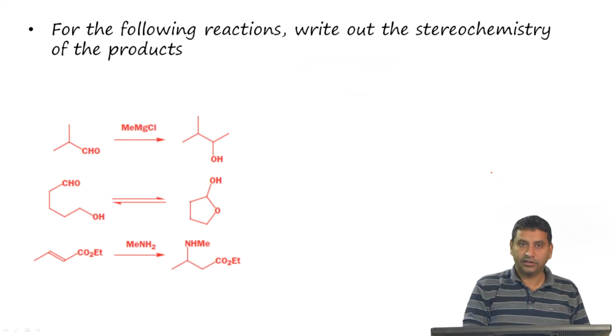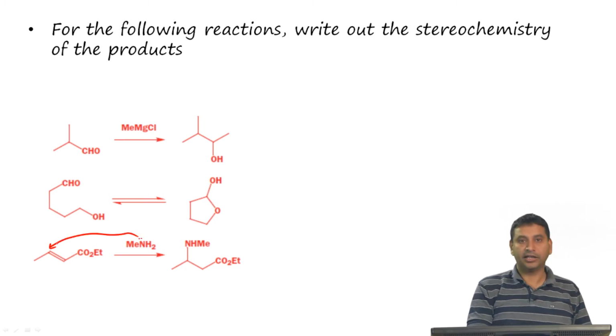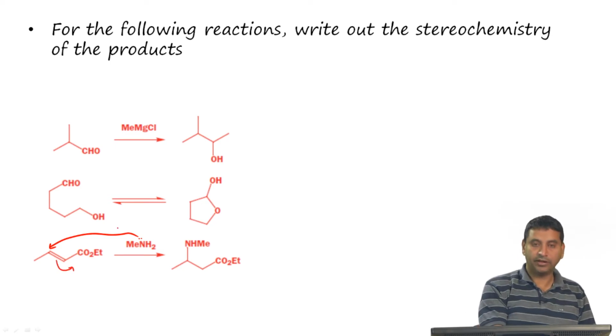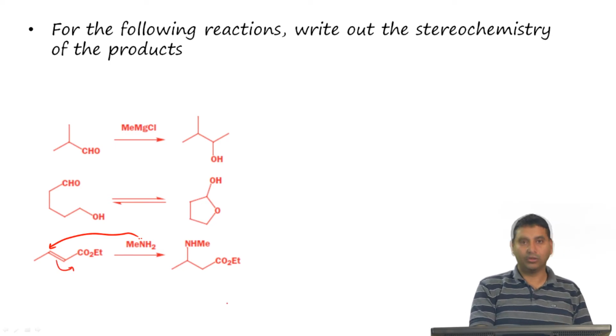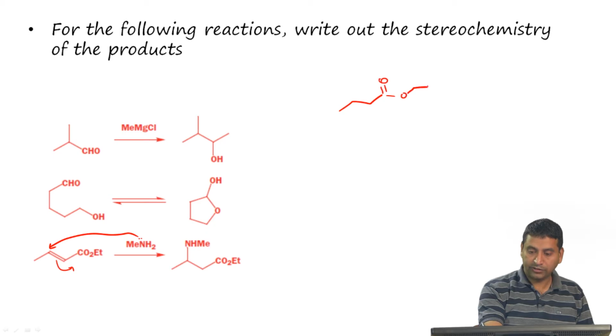In the last case, let us look at a Michael addition reaction. Here you have this amine attacking here, and then you can push the arrows to give you the final product. We are not going into the details of the mechanism, but I am just going to draw the structure like this.